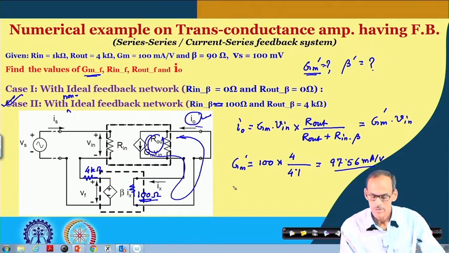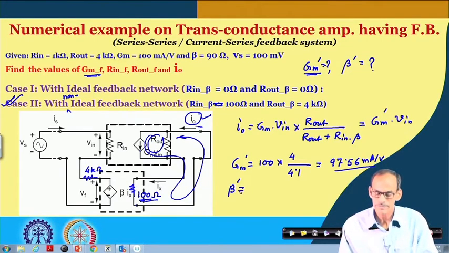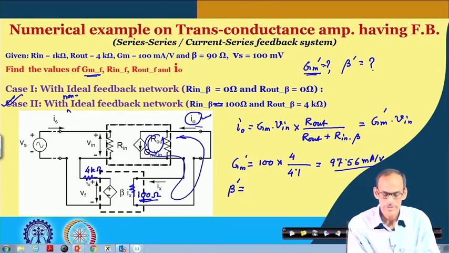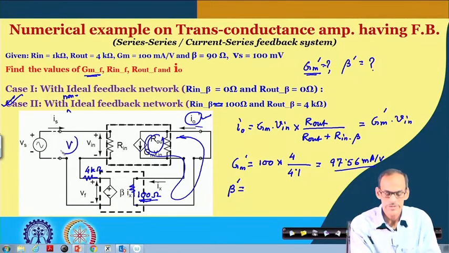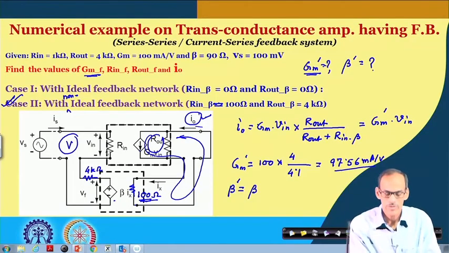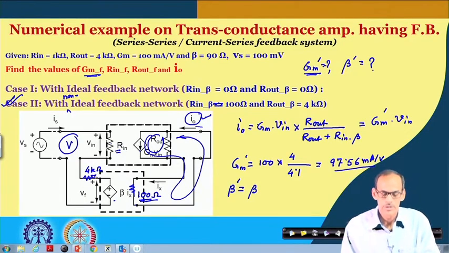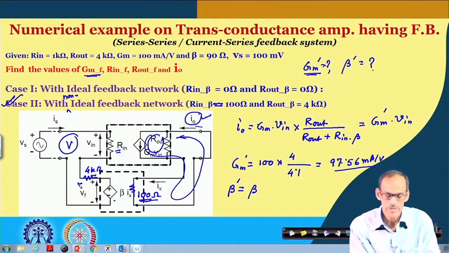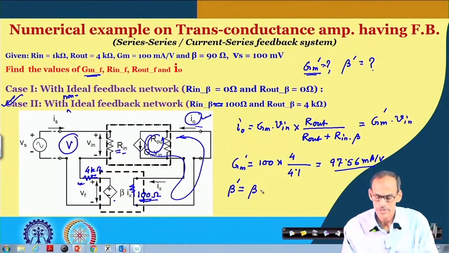So, likewise you can also calculate the corresponding beta dash. And this beta dash, of course, here the signal we are mixing is in the form of voltage, and the beta dash is the original beta multiplied by whatever potential division is happening due to this 4 k resistance here along with this input resistance R in, and its expression is beta into R in divided by R in plus R out of beta network.